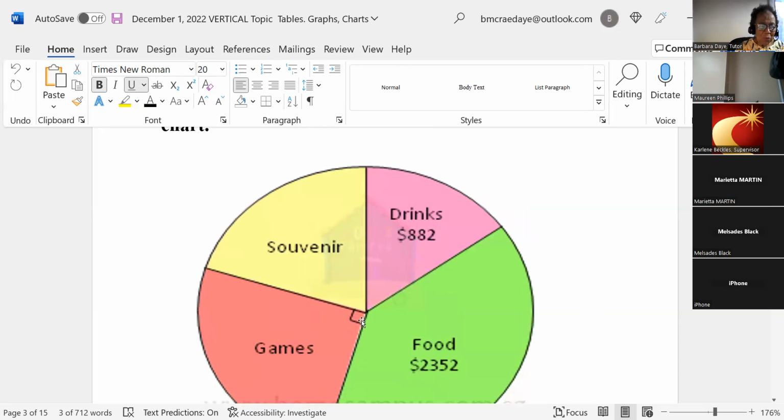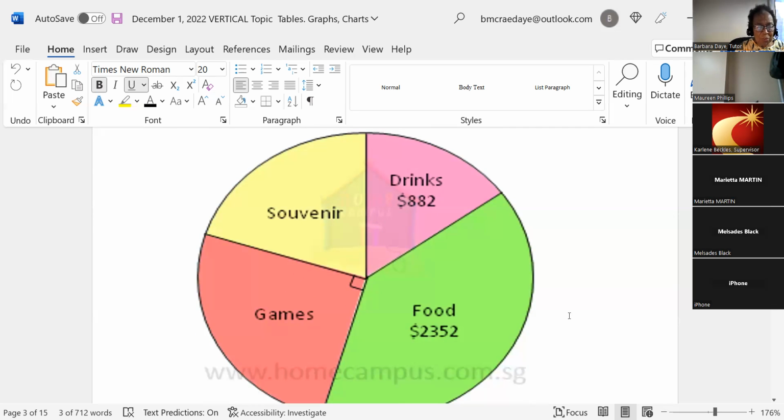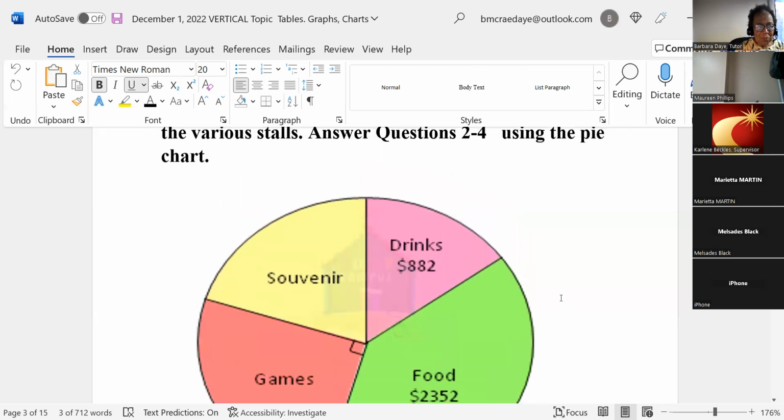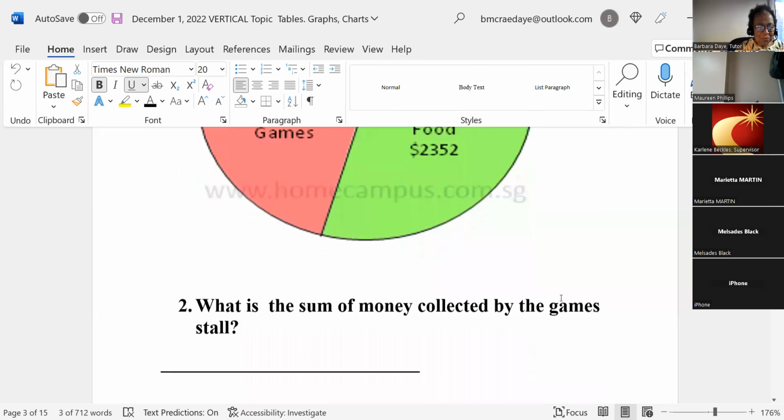Let's see. If you take this line that's dotted here and draw it straight all the way across, you have exactly a half of your pie. And so half of a half is a fourth. So the games represent 1/4 of this pie chart. Okay.